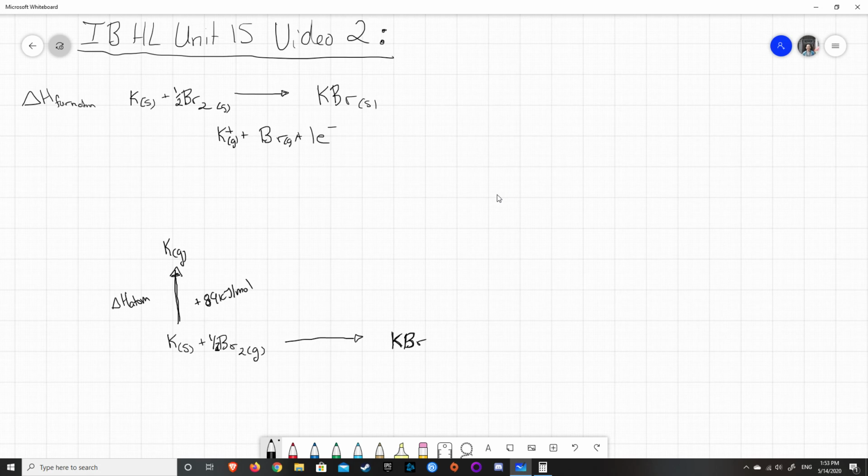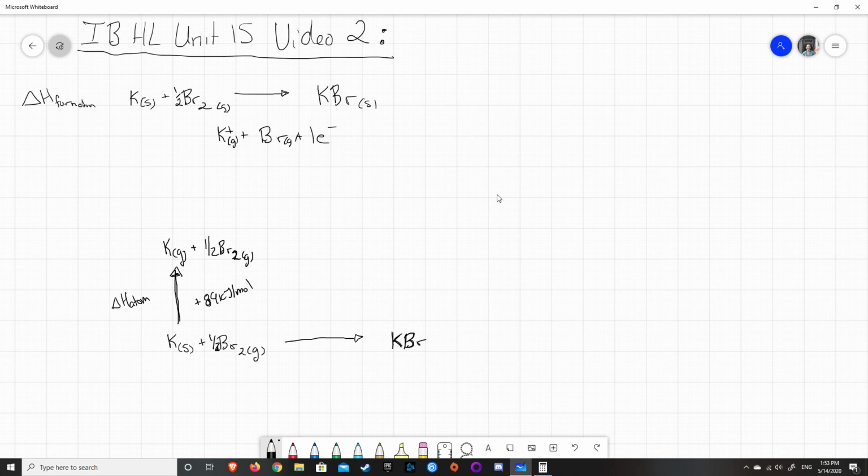Now we've got potassium in the gas state, and we're still reacting it with 1/2 Br2. But we want to get rid of that Br2, right? We don't want to be reacting Br and Br. We want to be reacting K and Br. So we need to use the bond enthalpy to break it apart. For diatomic gases, we also call this atomization.